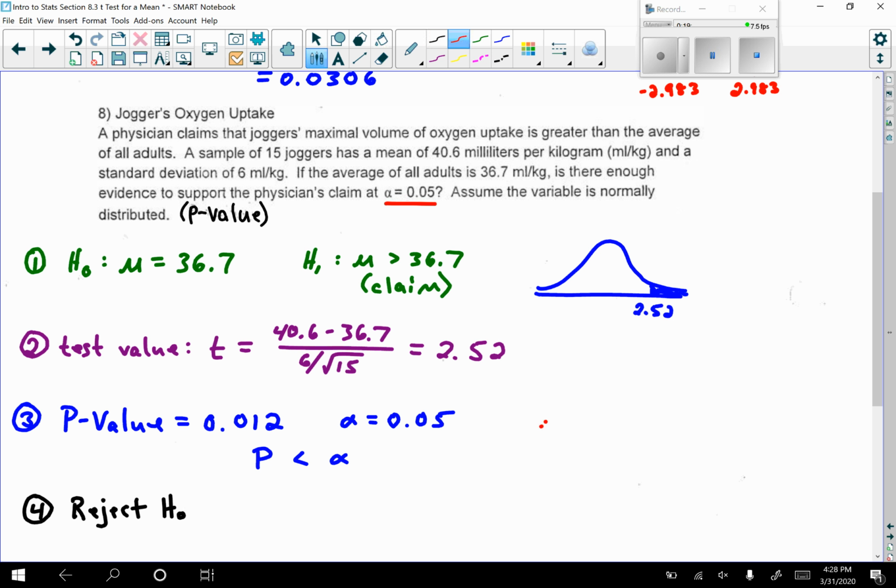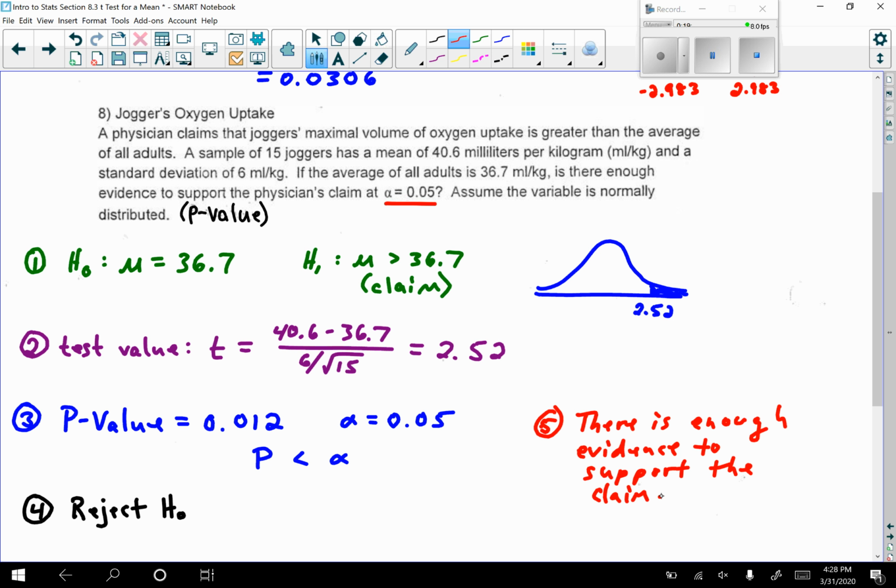So our summary, step 5, we could just say there is enough evidence to support the claim. And again, that claim is that the jogger's maximal volume oxygen uptake is greater than 36.7 milliliters per kilogram.